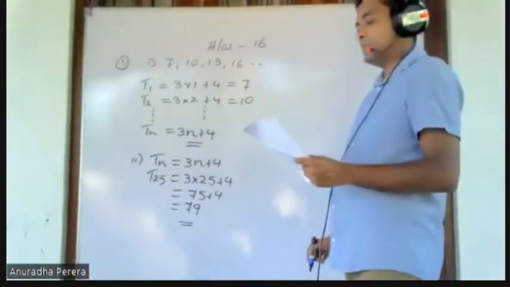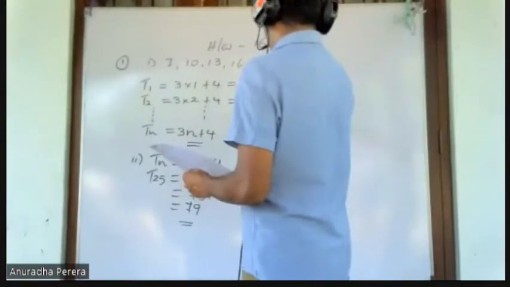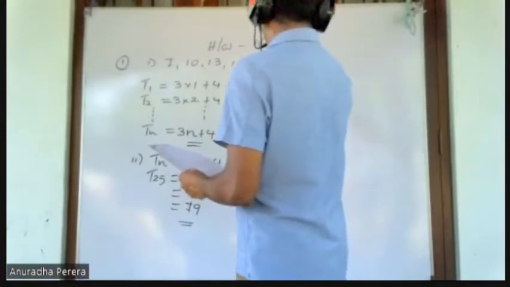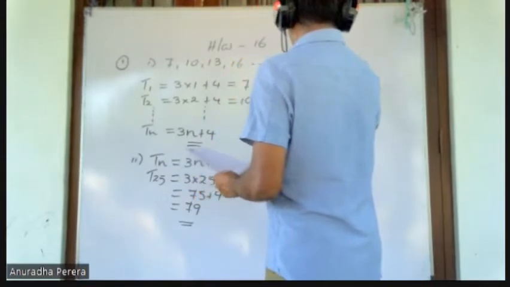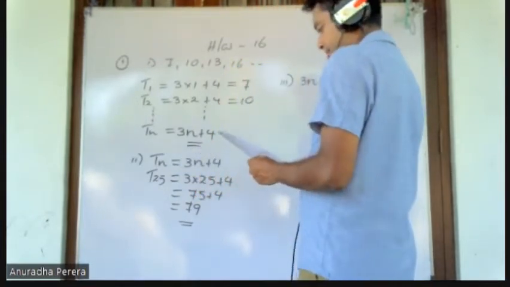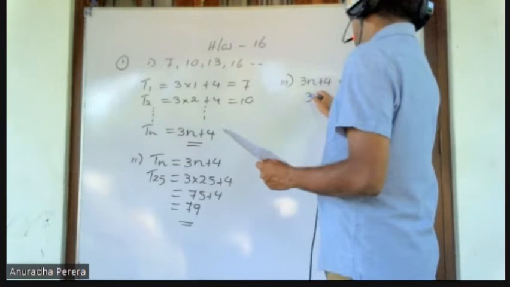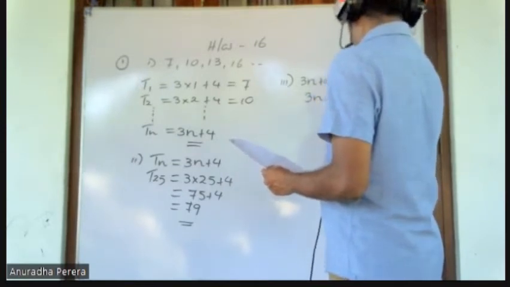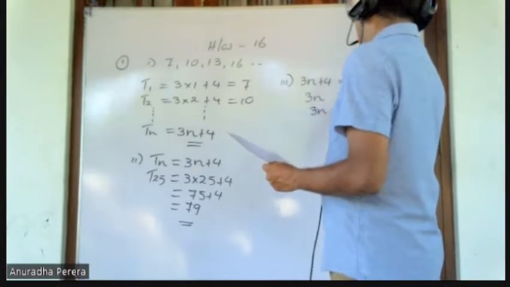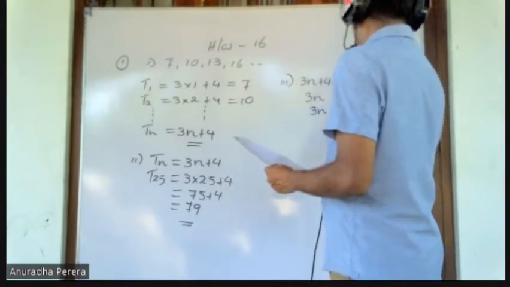Third one, which term is 61? Construct an equation. 3n plus 4 equals 61. 3n equals 61 minus 4. 57.